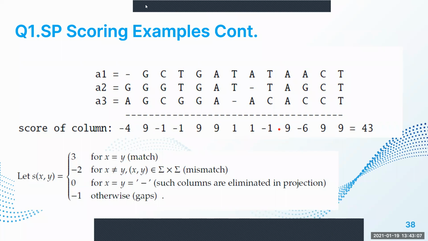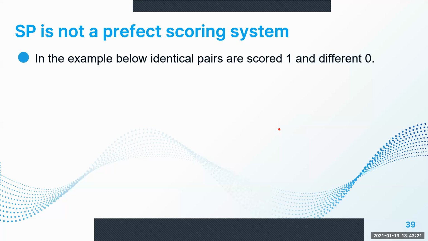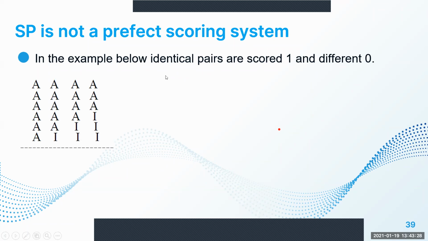Up to now, we discussed how we get this sum of pairs scoring, right? This sum of pairs is not a perfect scoring system. Suppose you have something like this, where we define our values as: identical pairs get 1, otherwise 0.